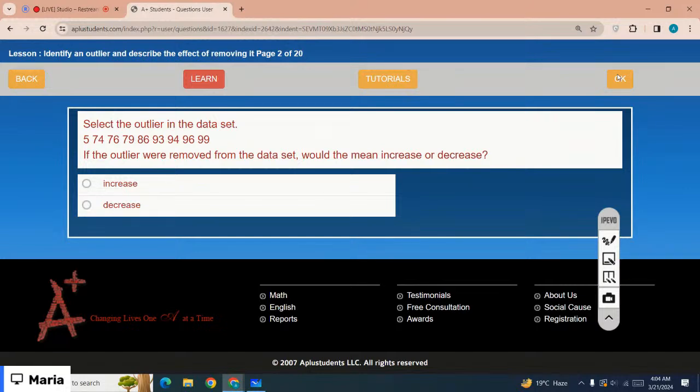The rest of the numbers are two digit numbers, right? And if you remove the 5, because 5 is the smallest number, obviously the mean is increased. Got it? So you are removing 5, that means the mean is increased. The correct option is increase, right?